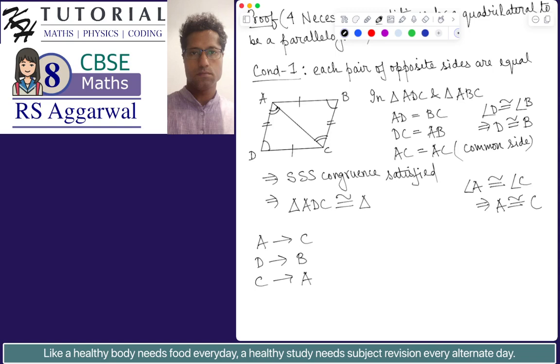So this is the mapping of the vertices of the two congruent triangles ADC and ABC.